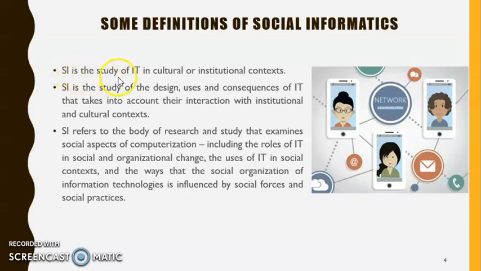SI is the study of IT in cultural or institutional context. In social informatics, they check the cultural aspects, the effect IT has on human beings, relations, communications, organizations, and all those types of things.